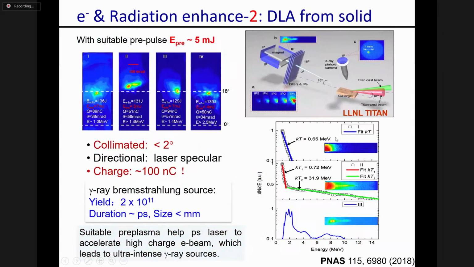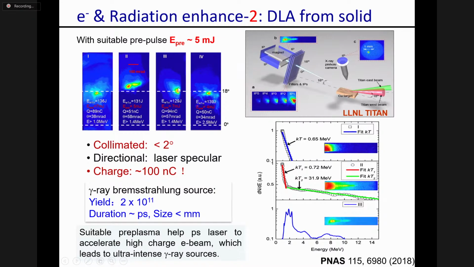And the second one, we choose a petawatt, picosecond laser shining on a solid target with some free plasma. So in this case, we shine on the solid target with large incident angle, for example, 78 degrees. So in this case, we can observe just along the target reflection direction, there is a very collimated electron beam with huge charge.